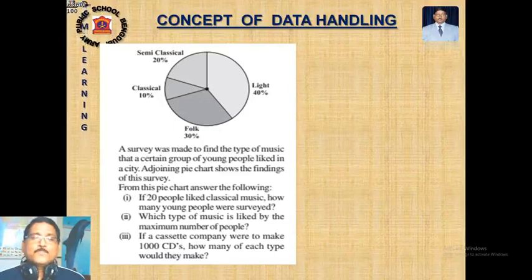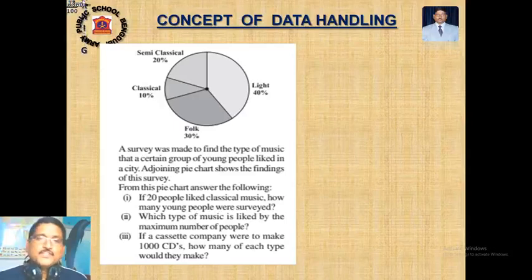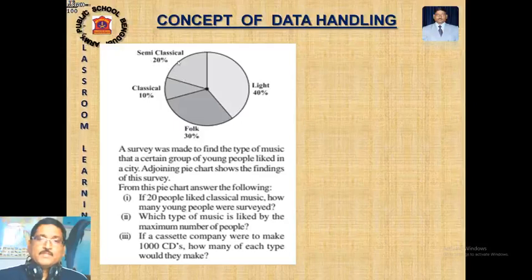So you see within pie chart one survey was conducted about the choice of music. Okay, so 20% people they are favoring semi-classical music, and classical music choice was 10%, folk music 30%, and light music will be 40%.